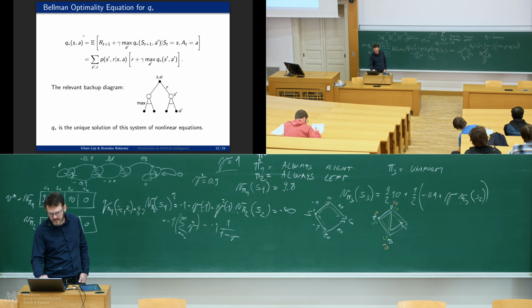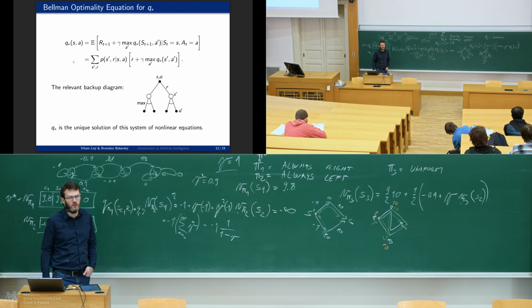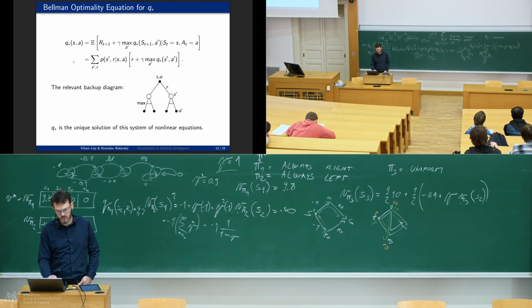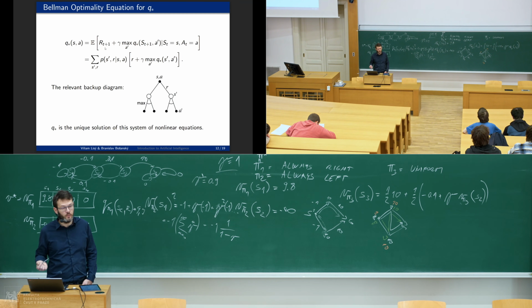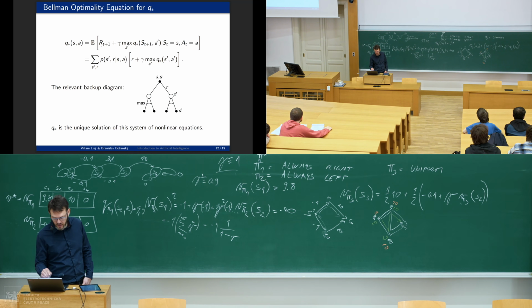So you can write a similar optimality equation for Q star, right? For Q star, there will be an expectation over making that action and then continuing based on the optimal policy. And if you continue based on the optimal policy, that means that you will get the reward now. Again, remember the notation of the book. Large capital letters are random variables.